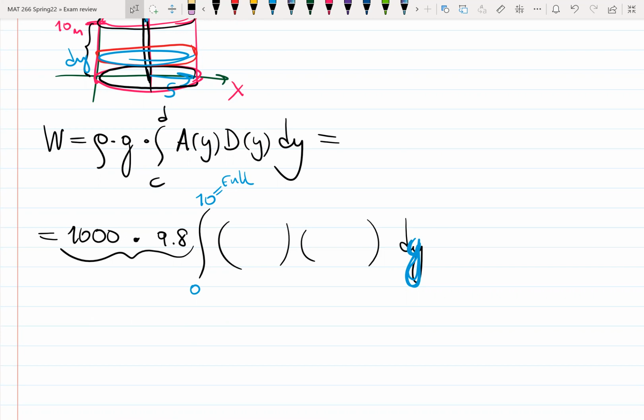Then A(y) in this case will be pi r squared because it's a circle. But again, it might not be a circle, maybe it's a square or triangle, which you had in your formula. R is given as 5, so it's going to be pi times 25, or 5 squared. Finally, what is the water lifted variable? Water lifted. 15 is the highest level.